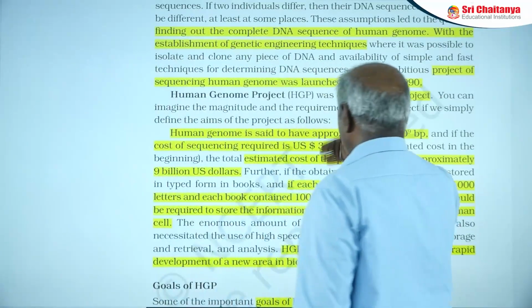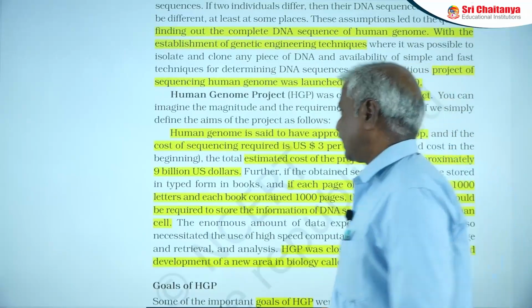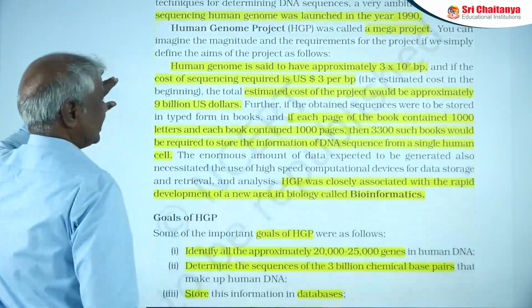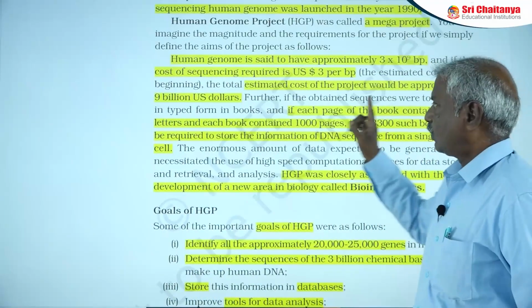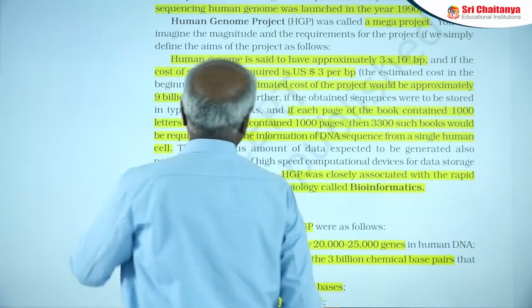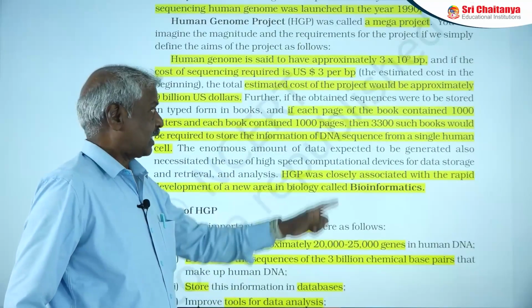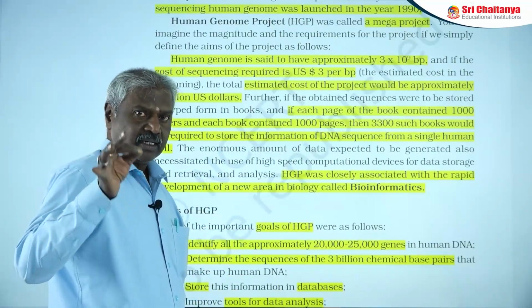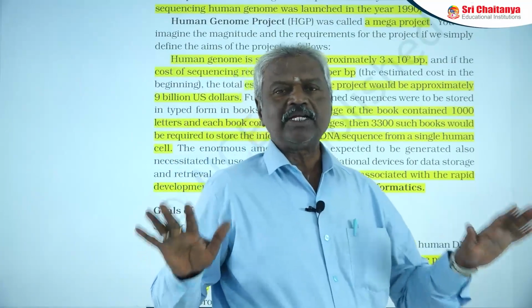Then if you want to print it in books, on paper, the data is given, you see here. Very, very important. Each page of the book contained 1000 letters, and each book contained 1000 pages. Like that, 3300 books are required to print the human genome.